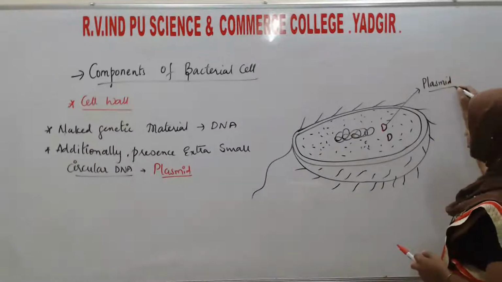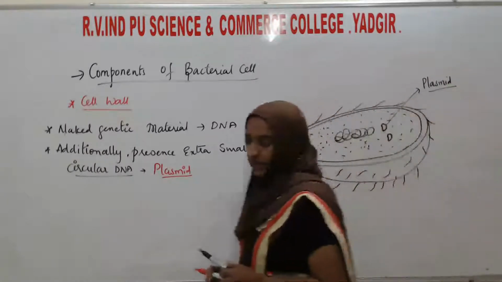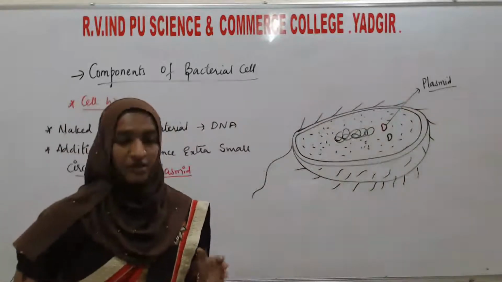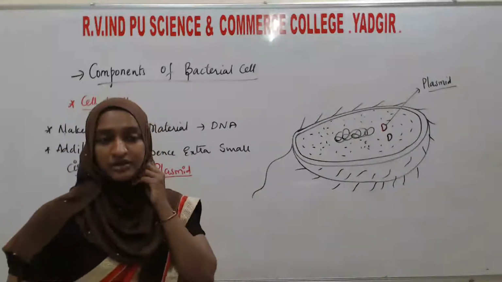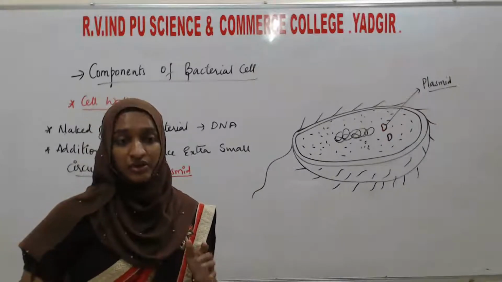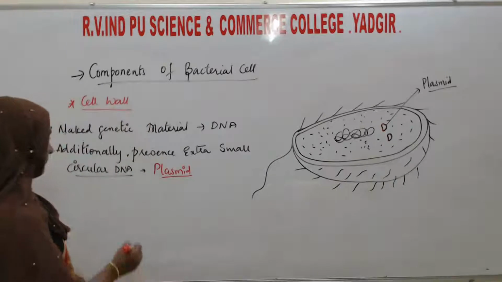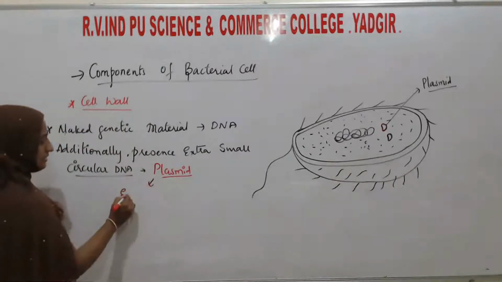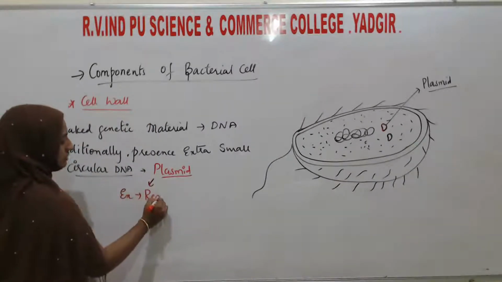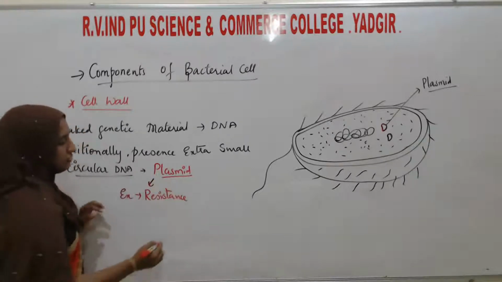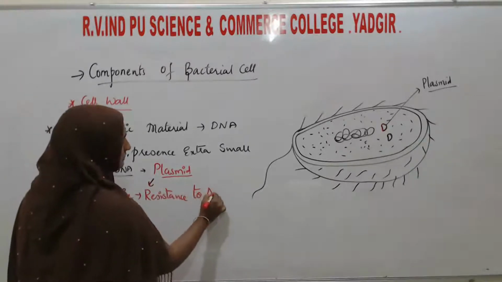So what is the function of the plasmid in the bacterial cell? This plasmid confers unique phenotypic characters in the bacteria, and one example of such a character is resistance to antibiotics.